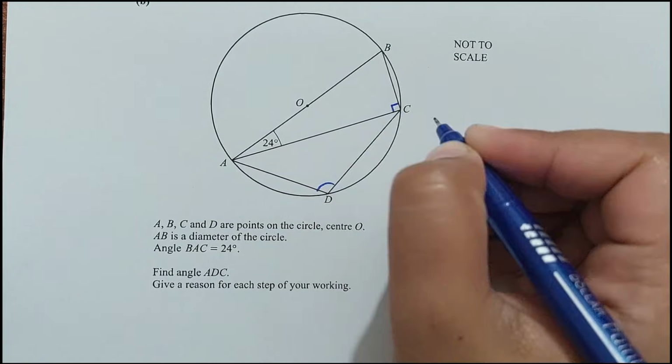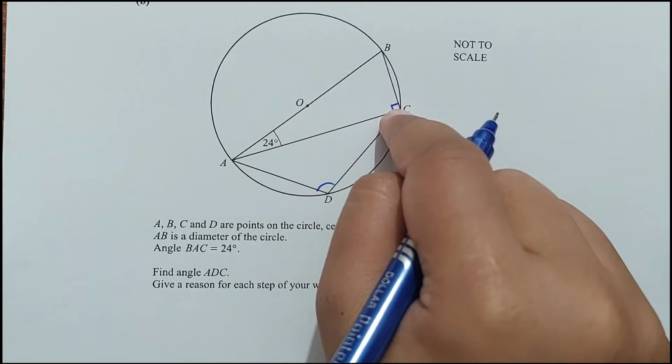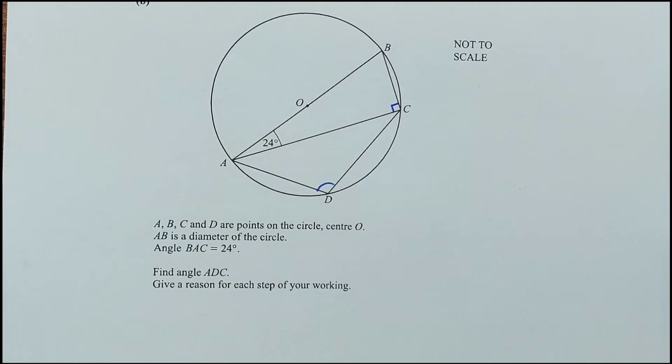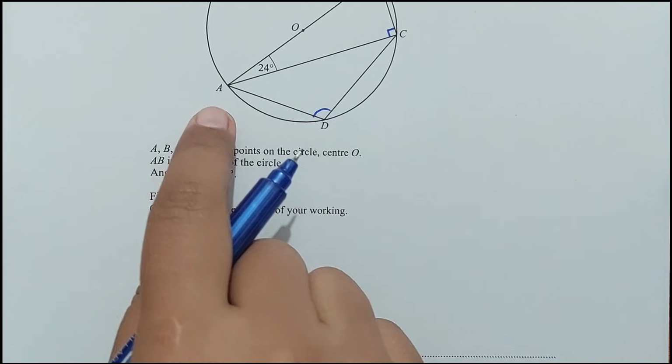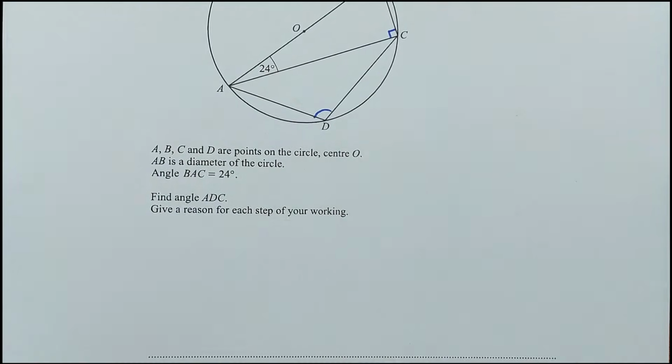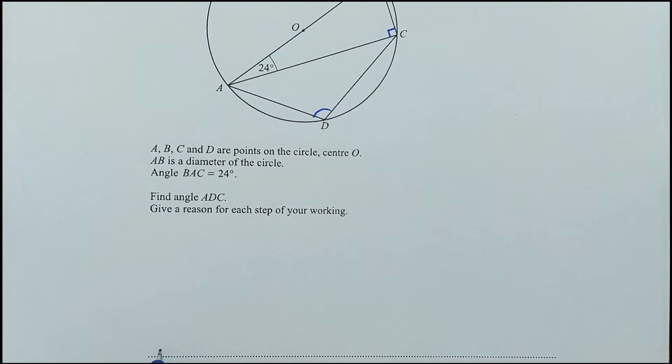So angle ACB is 90 degrees, and the reason is angle in a semicircle.